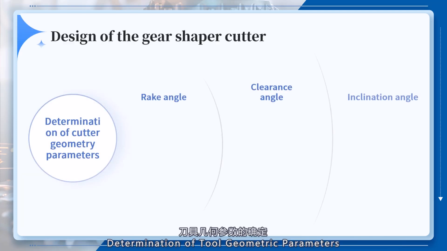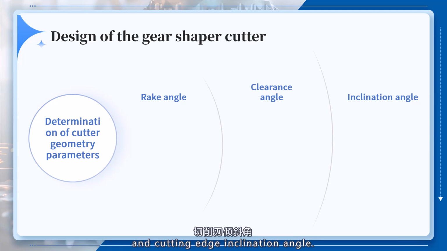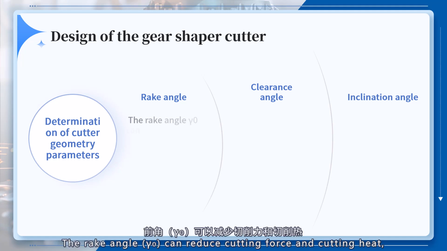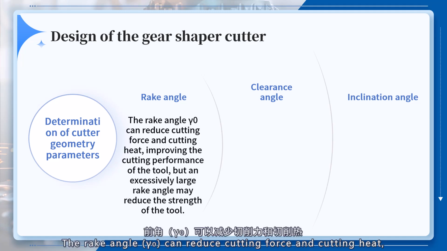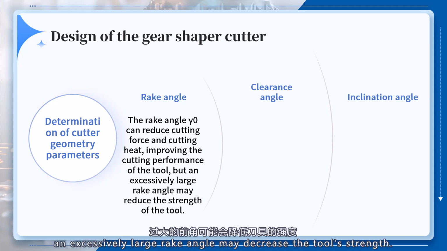3. Determination of tool geometric parameters. The geometric parameters of a gear shaper cutter include the rake angle, relief angle, and the cutting edge inclination angle. The rake angle, gamma 0, can reduce cutting force and cutting heat, thereby improving the cutting performance of the tool.